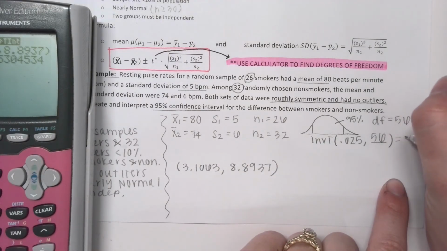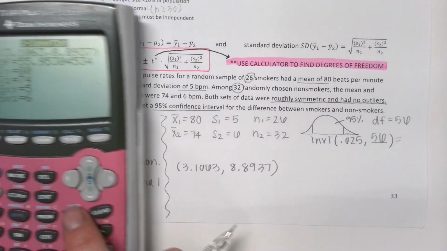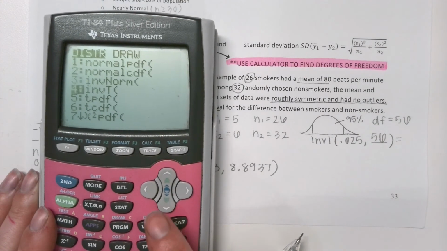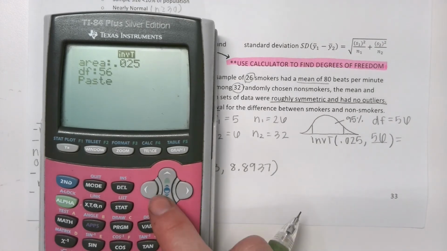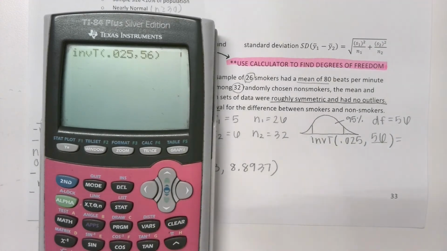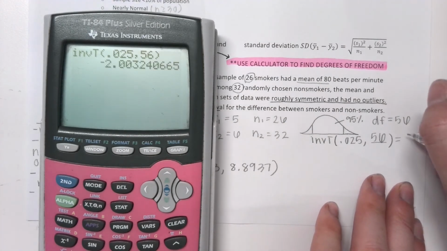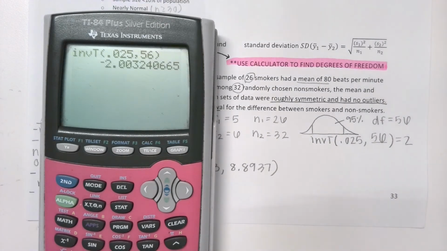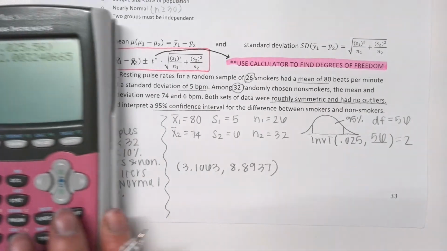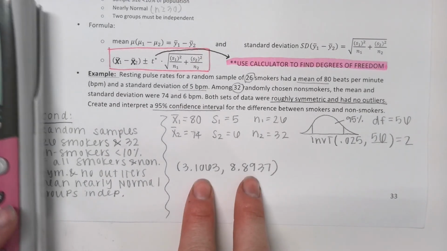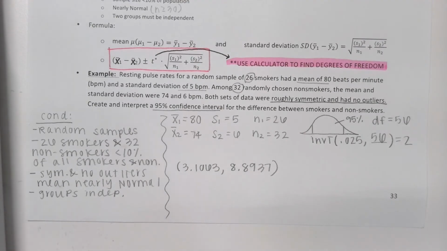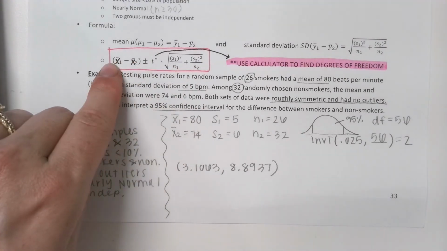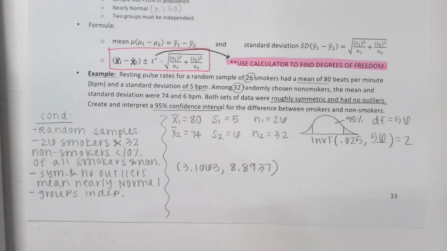Okay, so I'm going to go ahead and plug in this inverse t. We just found degrees of freedom was 56. So that gives me a t-score. Looks like 2 on the dot. Now I know I already have my interval here, but the AP graders do like you to write down what formula you're using. So I'm going to take this formula here and just plug in all of my values so they know I can tell what I'm doing.